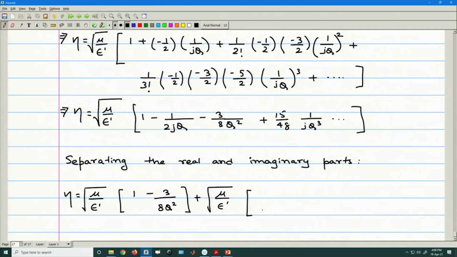This one will be upon epsilon, this one will be minus, of course, minus 1 upon 2 jq plus 15 by 48 1 upon jq cube. So now we have separated the real part as well as the imaginary part.